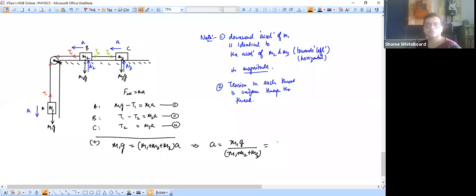The masses were 4, 3 and 3, so this is 4G upon 4 plus 3 plus 3. So it will be 0.4 G, or 4 meters per second square. And if you want to find the individual tensions T1 and T2, you can substitute this in each of the equations and get the values of T1 and T2.